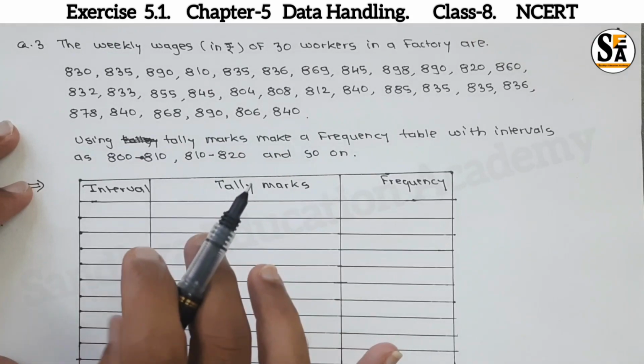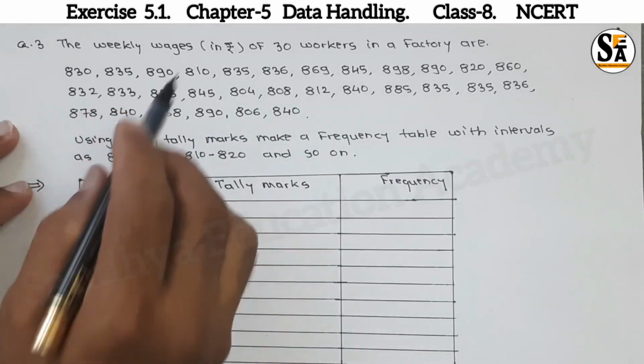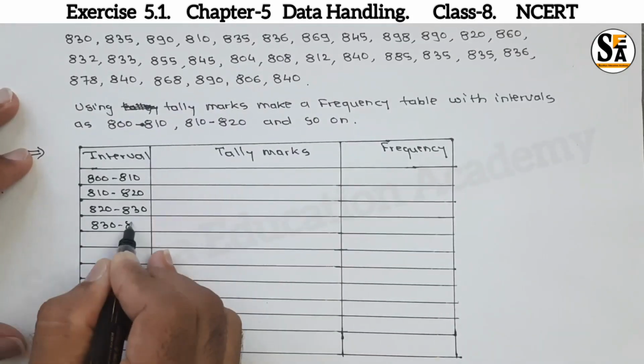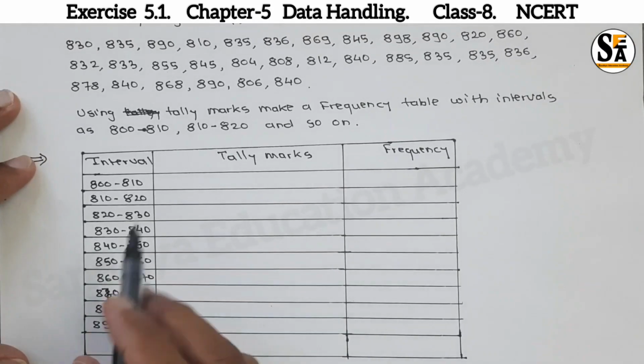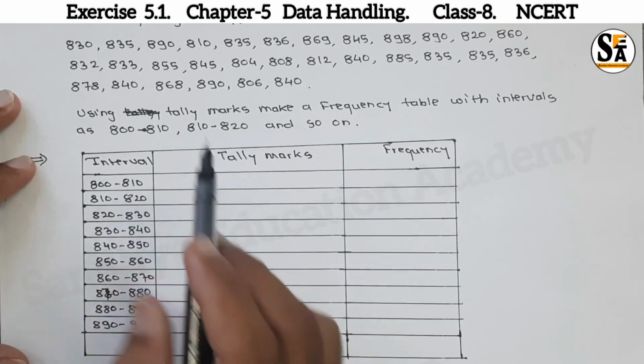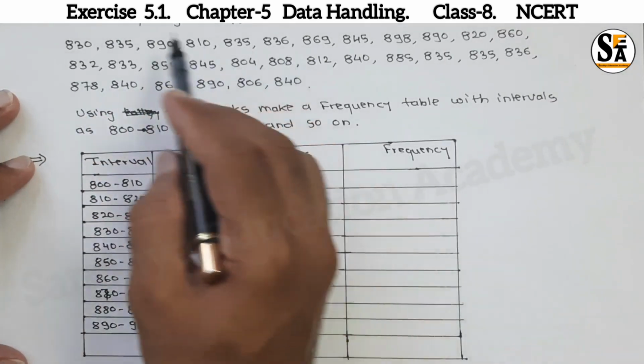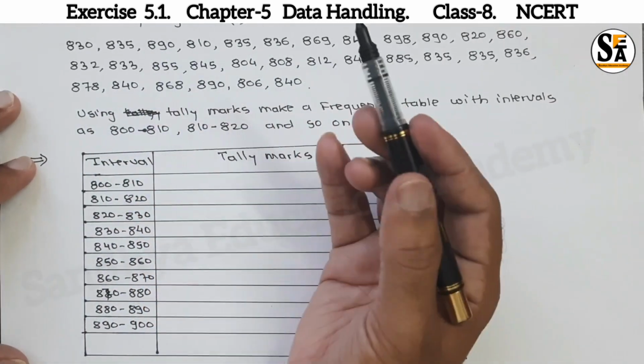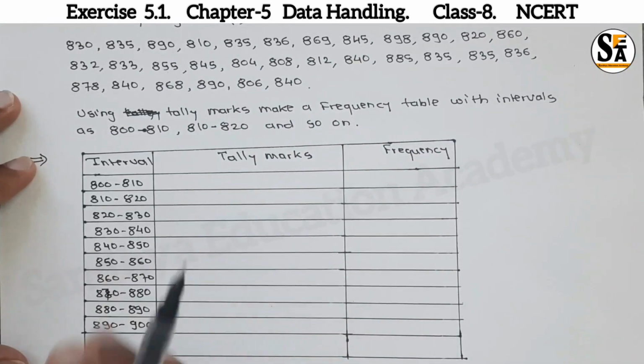We know how to make tally marks. First we will make the intervals. Now see why we have taken this interval 800 to 810. Here see what is the minimum value of wages and what is the maximum value.